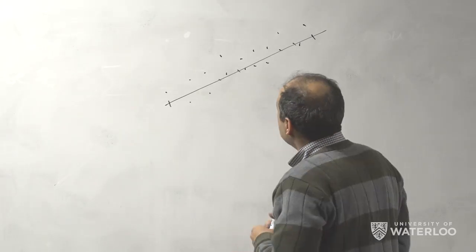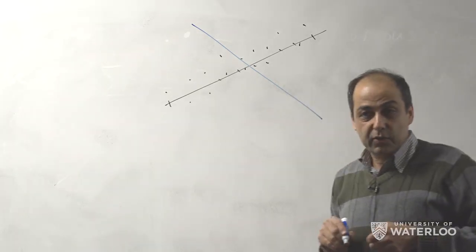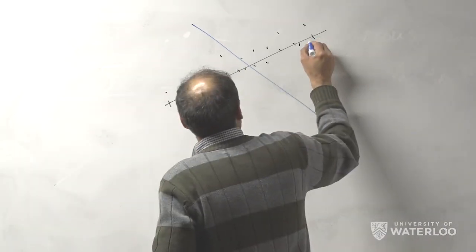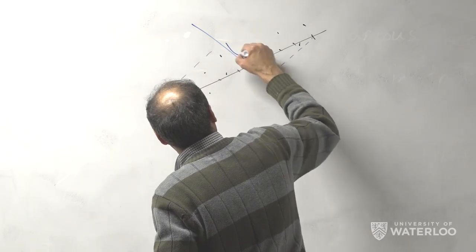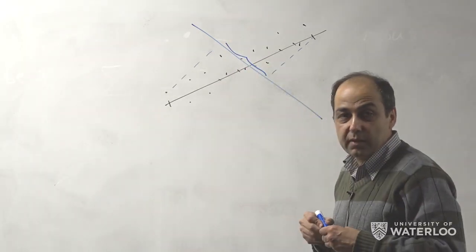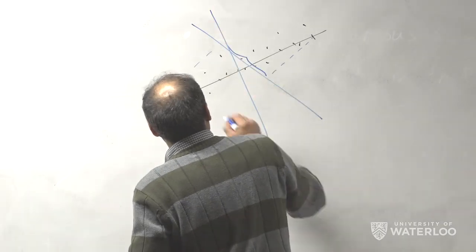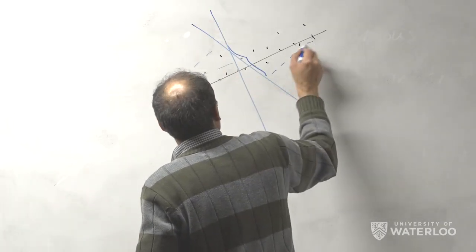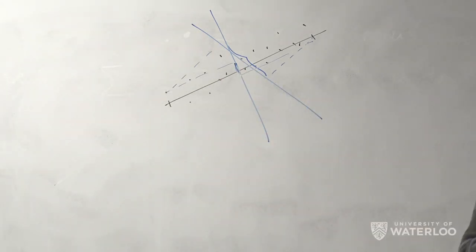I can project these points on this vector, for example. Then that would be the variation of the data. And I can project everything on this one. Then this will be the variation of the data.